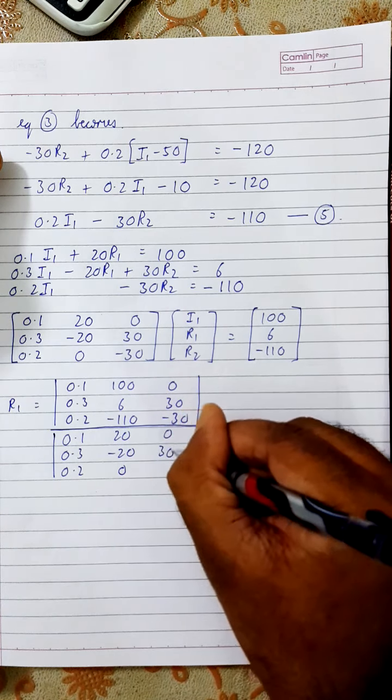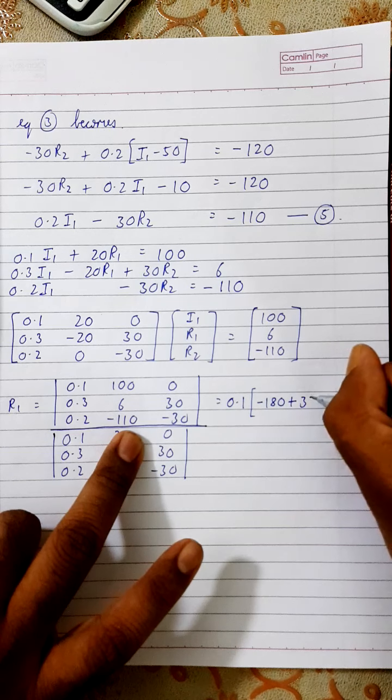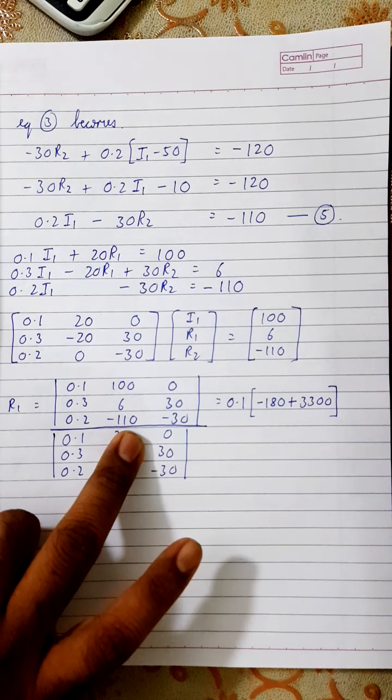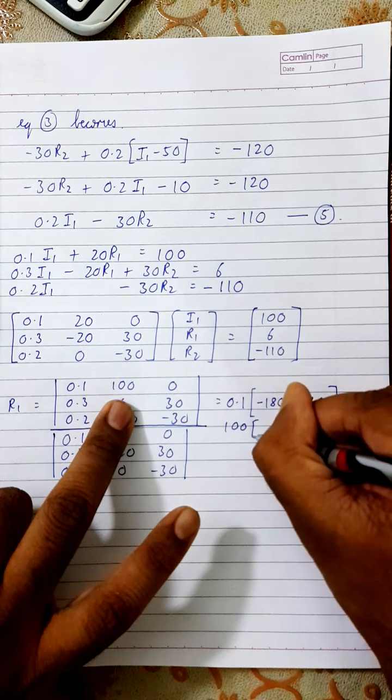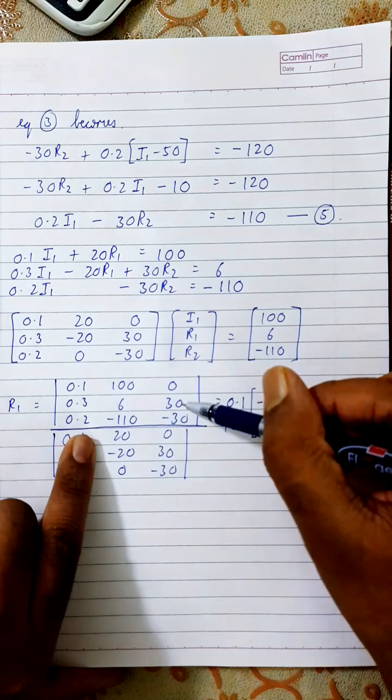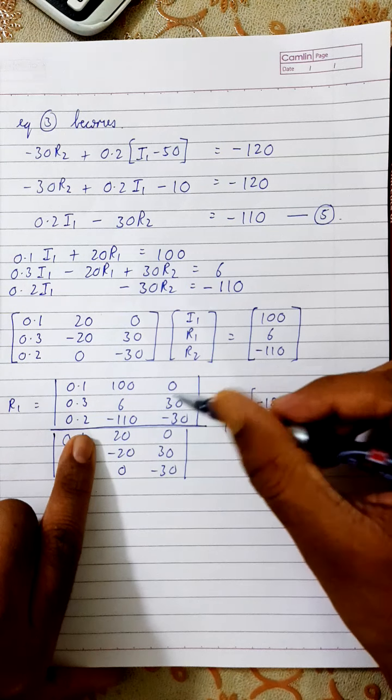Okay, and this is equal to, let me find the value. This is 0.1 into minus 180, plus 3300, minus 100 into, 0.3 into minus 30 is 9, so it is minus 9, and here it is 0.2 into 30, which is 6, so minus 6.